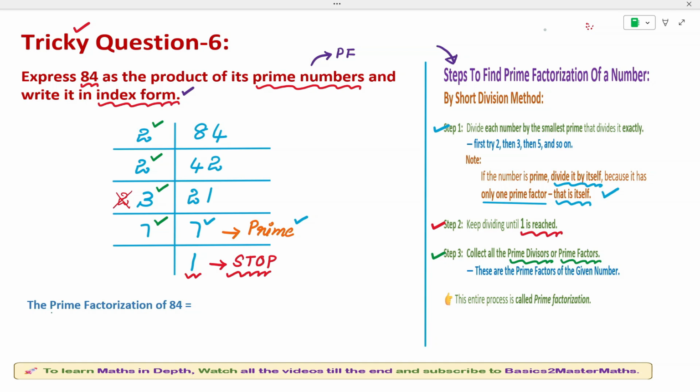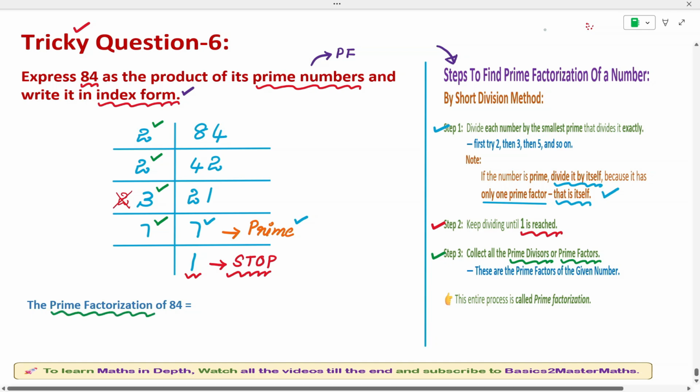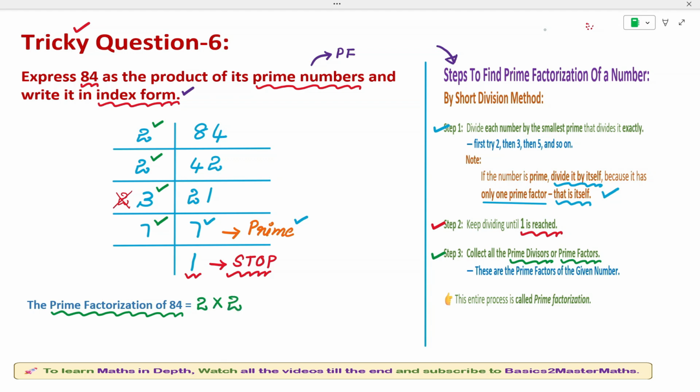So, the prime factorization of 84 equals 2 multiplied by 2 multiplied by 3 multiplied by 7. Got it?